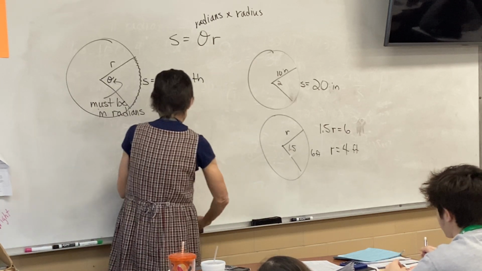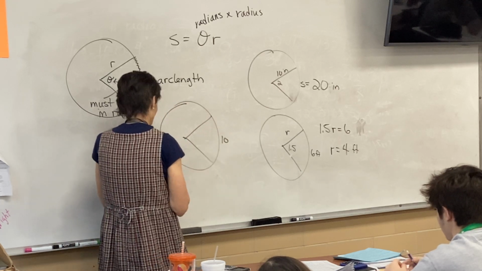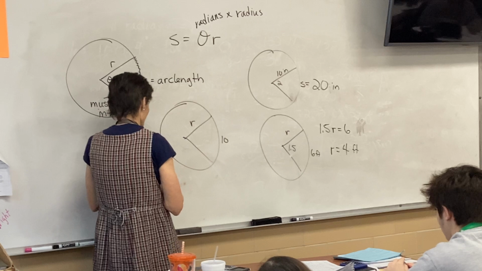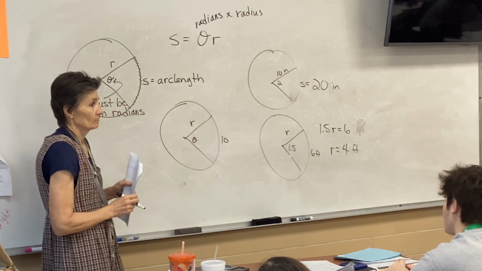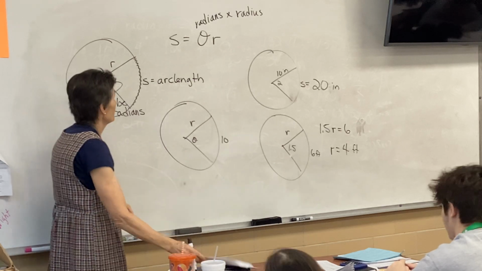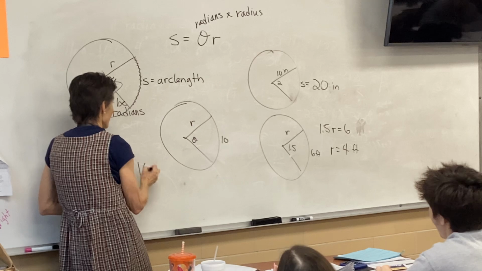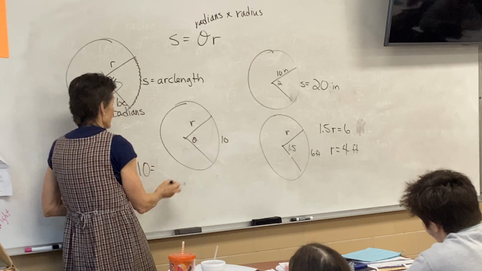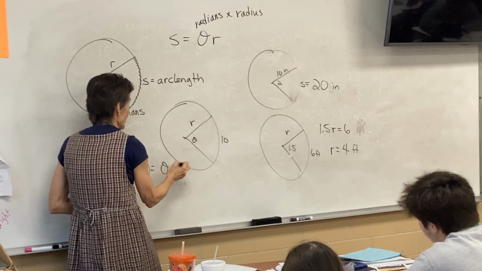All right, how about this one? Arc length is 10, radius is 4, and I want to know my angle. So what does your formula say? Arc length equals the angle times the radius.